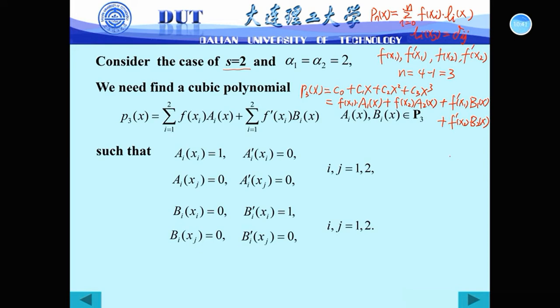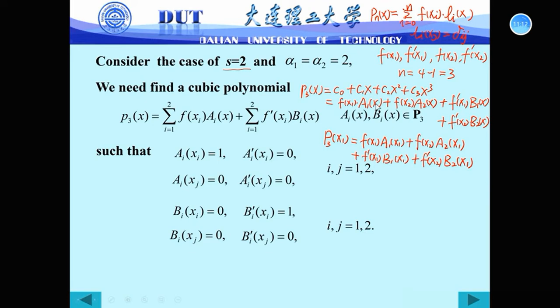Now you see, if we substitute x by x1, then it equals f(x1) a1(x1) plus f(x2) a2(x1) plus f'(x1) b1(x1) plus f'(x2) b2(x1). It's okay?